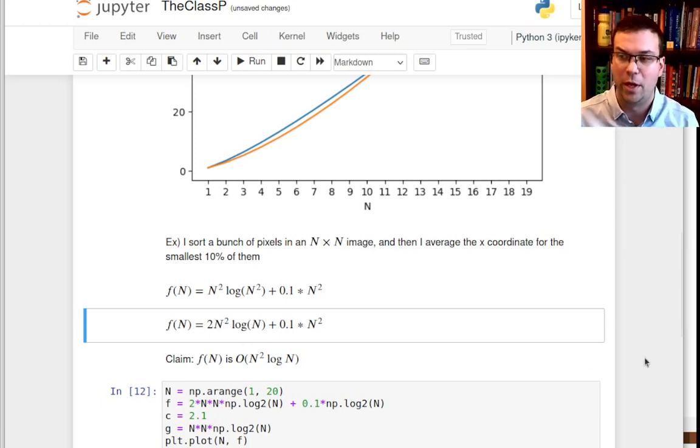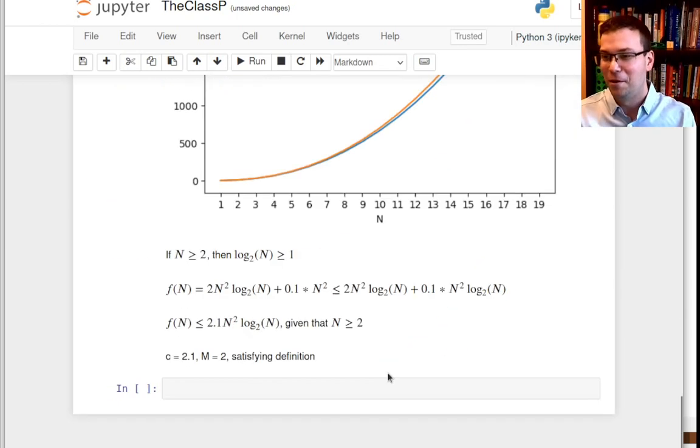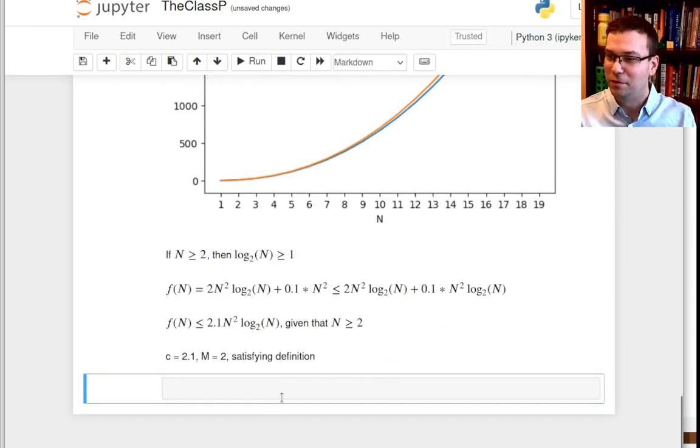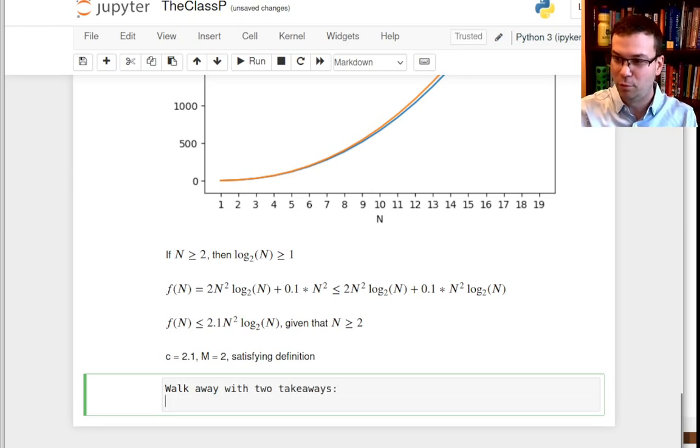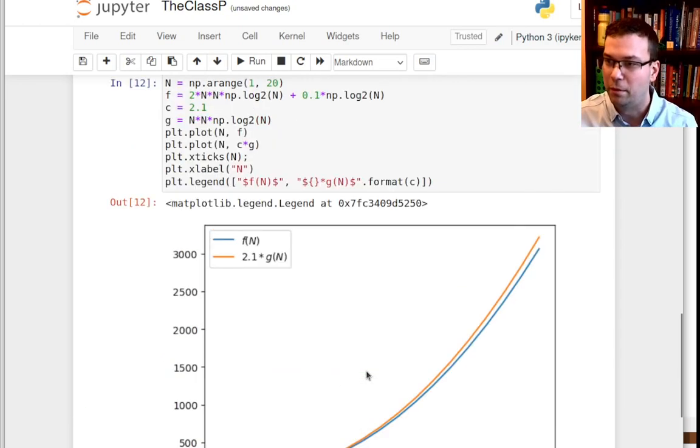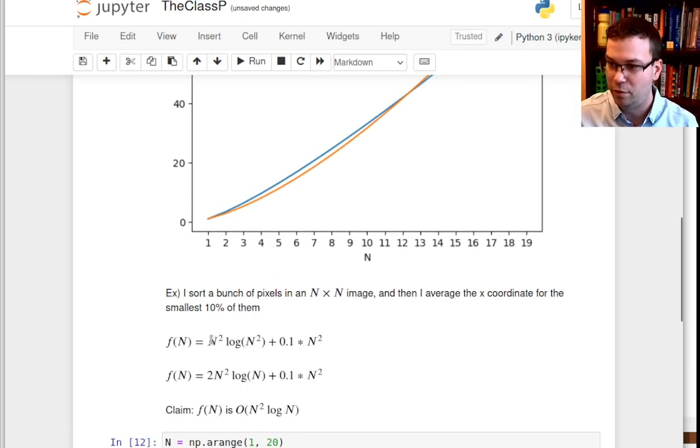That's how I want you to think about a big O. So at the end of the day, we walk away with two takeaways. Number one, the dominant terms dominate. So the dominant terms are the ones that we use to create our g of n, right? So I looked at this and I said, well, yeah, the dominant term here is n squared log n.